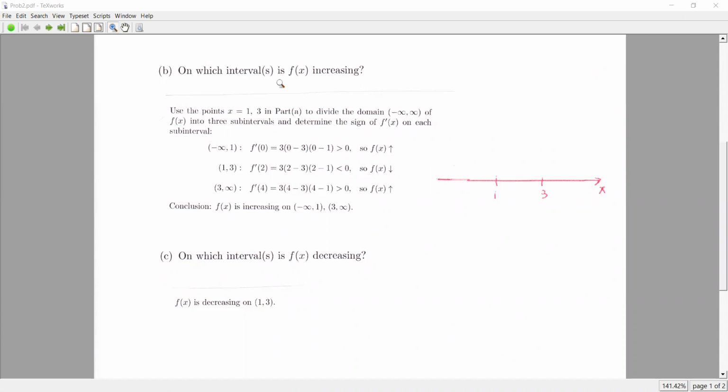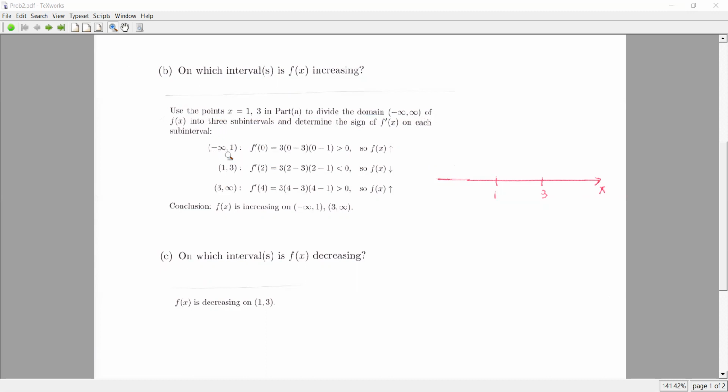When the derivative is less than 0, function f is decreasing. Now, I use the points in part A to divide the domain of function f into three subintervals, and determine the sign of the derivative on each subinterval.